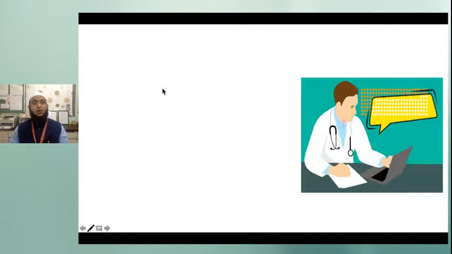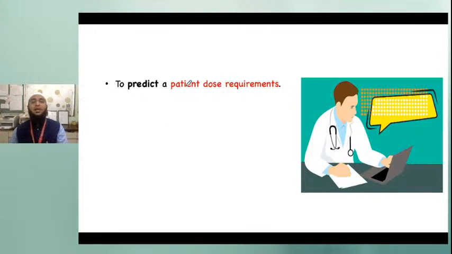So let's see what you can do by individualizing. Individualizing through TDM helps you to predict the patient's dose requirement. What exact dose is needed for that particular patient will become known to you. So what you do is measure the plasma concentration and measure the response, right?